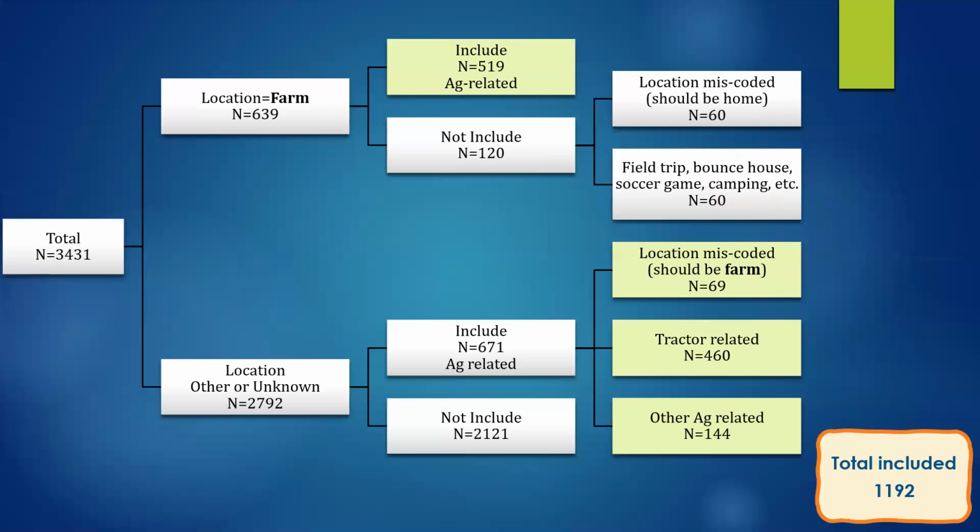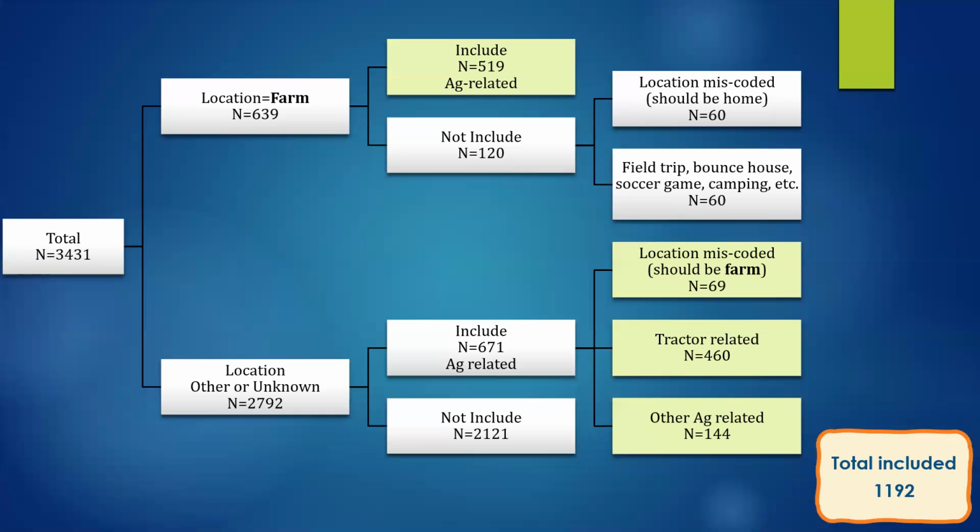When the location was not farm, by using keywords and agricultural products, we identified 671 cases which are agricultural related. The location was miscoded for 69 cases. As I discussed earlier, we include all tractor-related injuries, even if the location was not listed as farm.